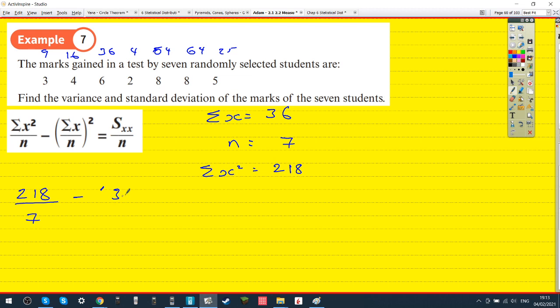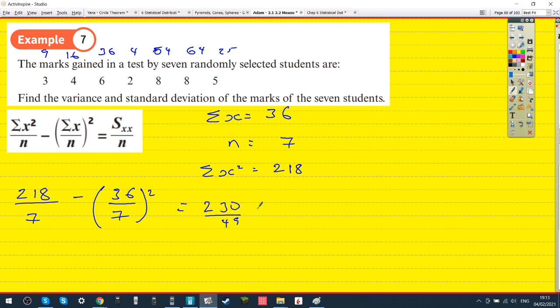Yep, squared over n, which is 7. Calculator. I got 230 over 49.